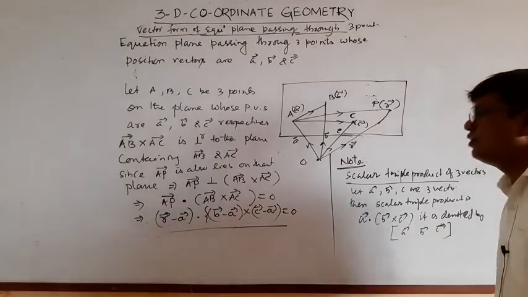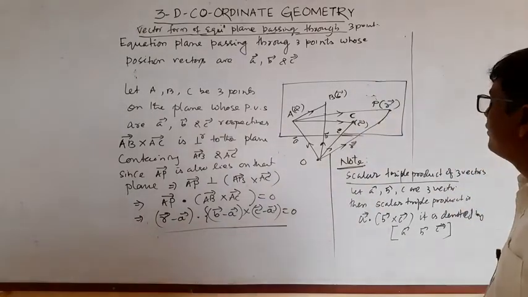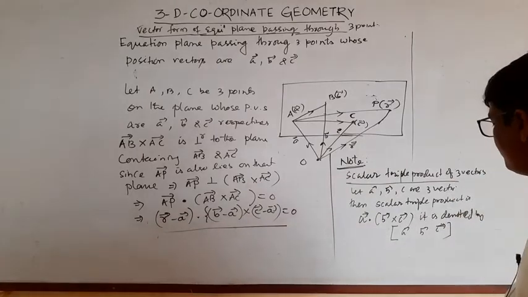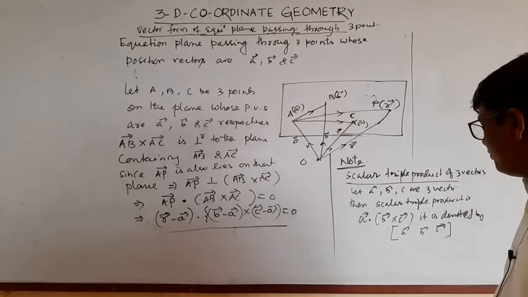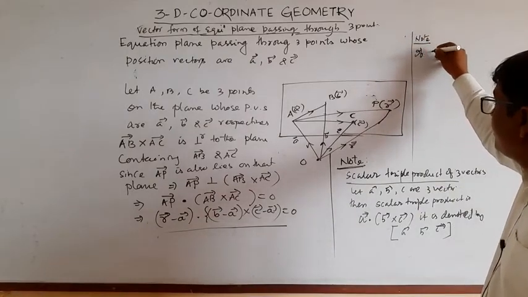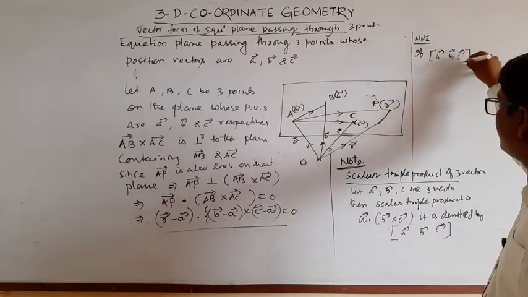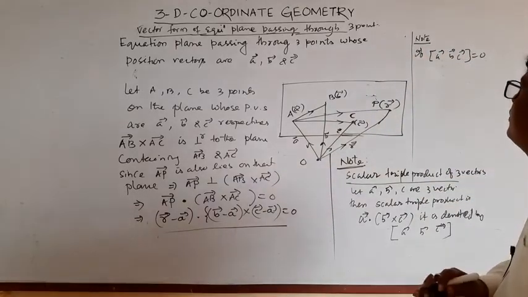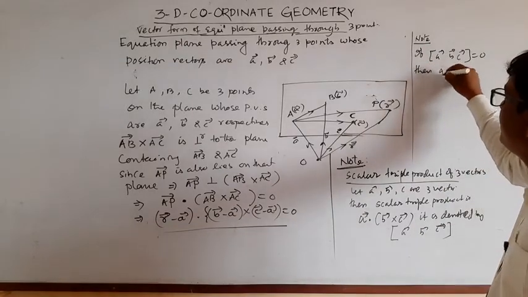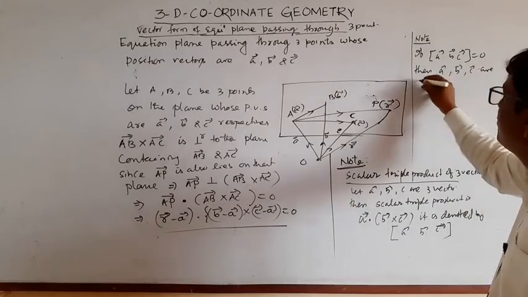Now the condition for coplanar. If the scalar triple product of A, B, C is equal to 0, then A, B, C are coplanar.